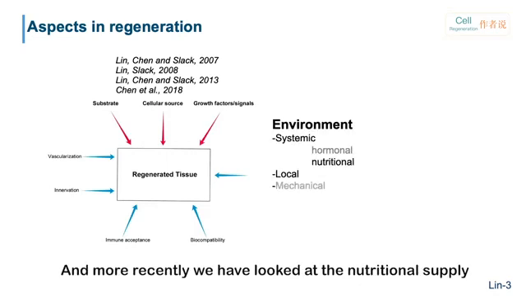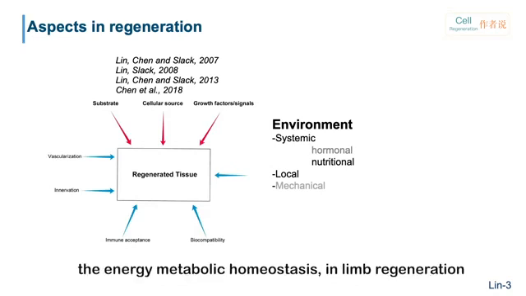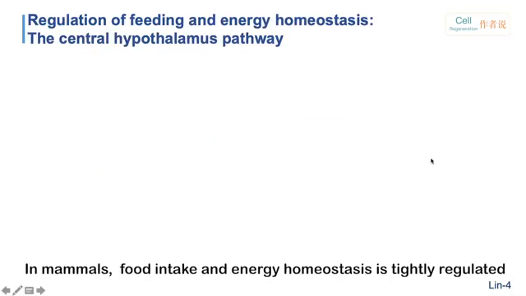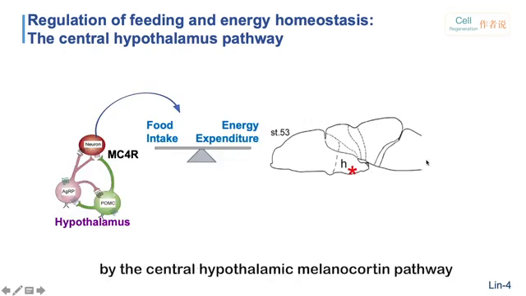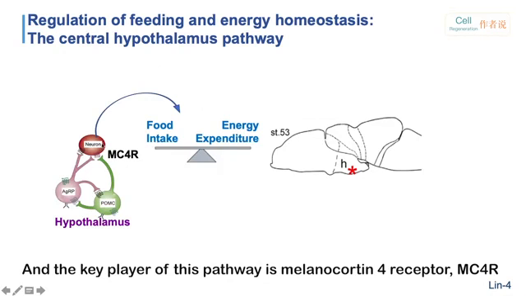And more recently, we have looked at the nutritional supply, the energy metabolic homeostasis in limb regeneration. In mammals, food intake and energy homeostasis is tightly regulated by the central hypothalamic melanocortin pathway, and the key player of this pathway is the melanocortin 4 receptor, MC4R.